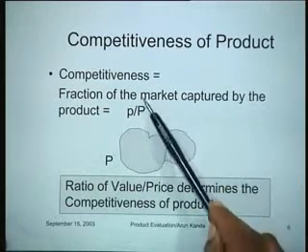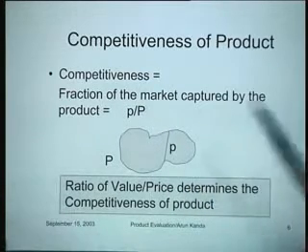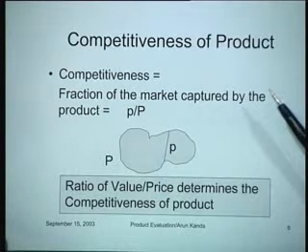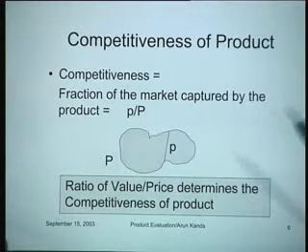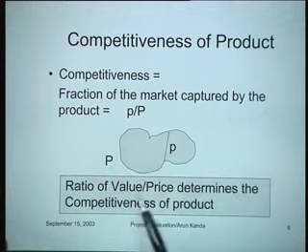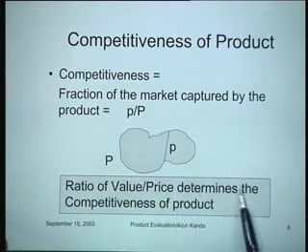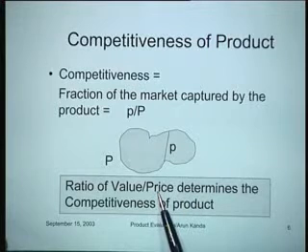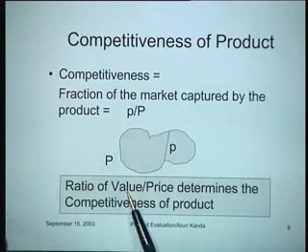And how do you increase the competitiveness of a product? The major thing is you want your products to compete in the market and do very well. So how does that happen? In fact, it is this ratio of value to price that determines the competitiveness of a product. So if a product has lower price and a higher value, what is value?